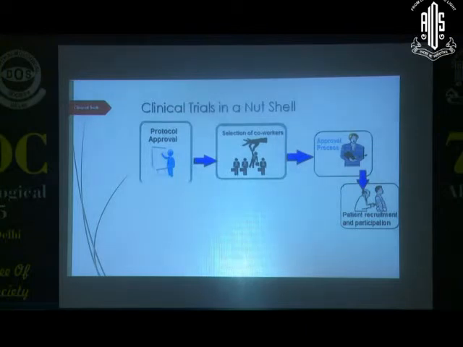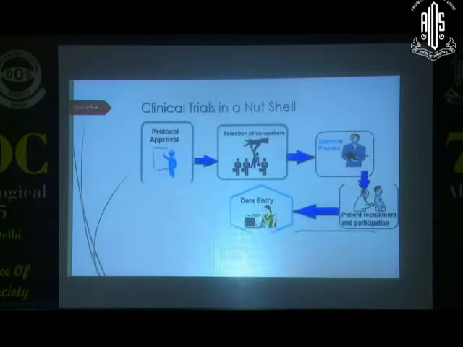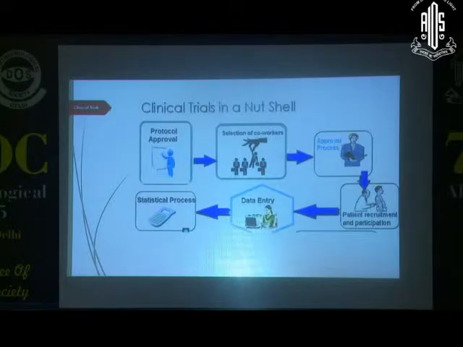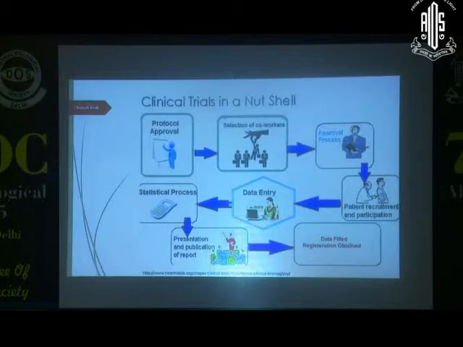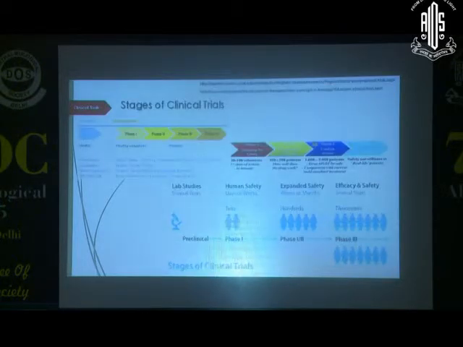Once the approval has been sought, it goes in for patient recruitment and participation, which is the process of how the clinical trial is conducted. Then you have the data entry, the statistical process to analyze your results, presenting and publication of the results of the study obtained, the data filing and registrations.